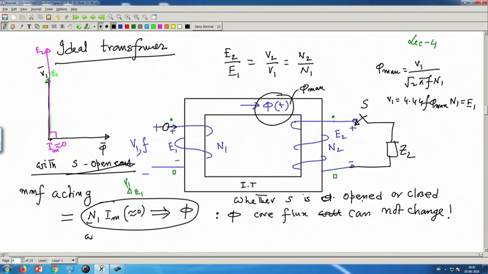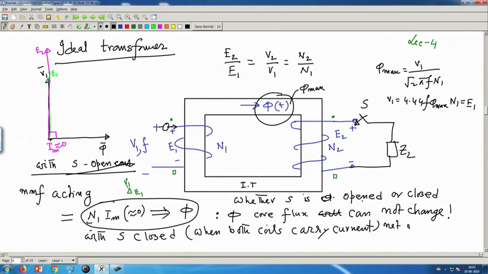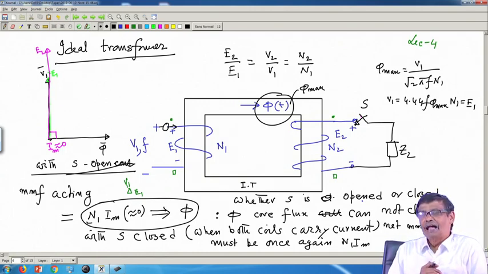What I am telling, with S closed, when both coils carry current, the net MMF must be once again N1 into Im, because N1 into Im created this original flux, and I am telling, with S closed or opened, the flux remains the same, it cannot change.